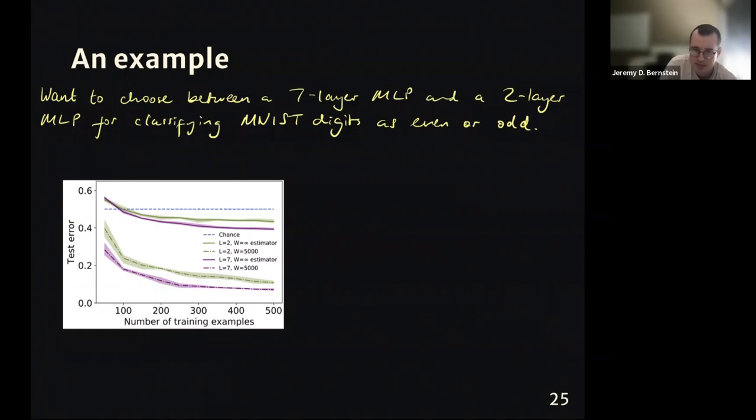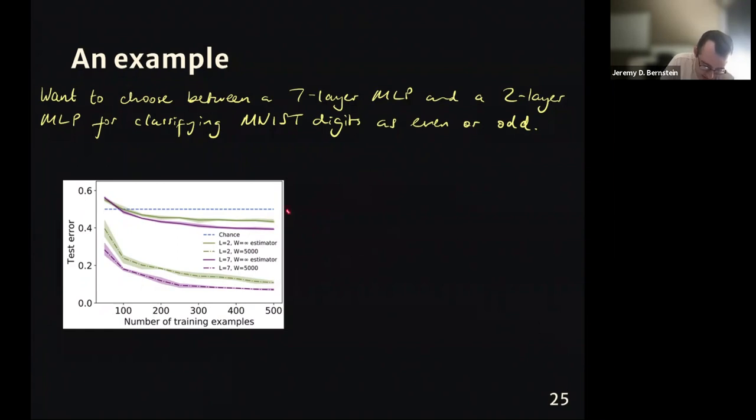The green curves are for depth 2, and the purple curves are for depth 7. The observation is that the ordering of the upper bounds matches the ordering of the empirical result. So these curves are purely theoretical, based on the infinite width kernel of the neural network, whereas these curves are actually training a neural network.